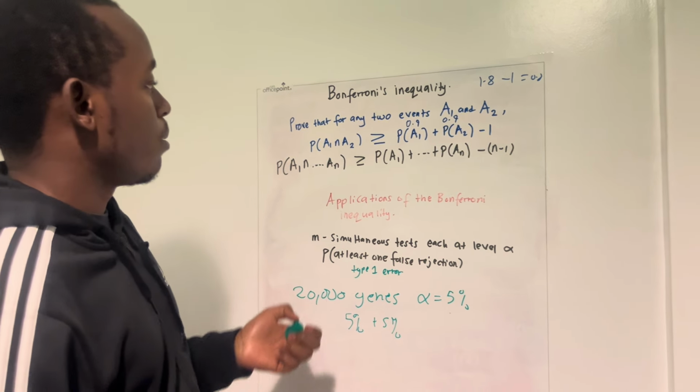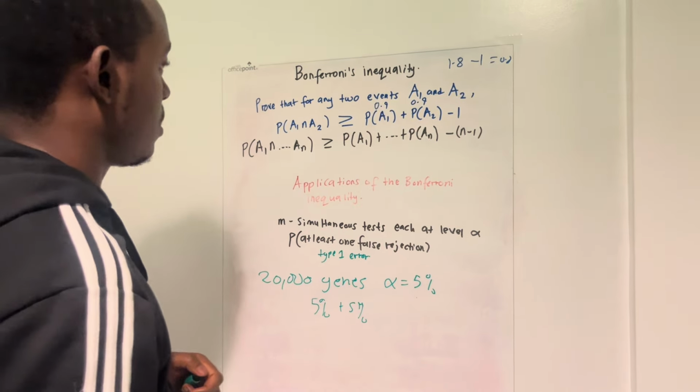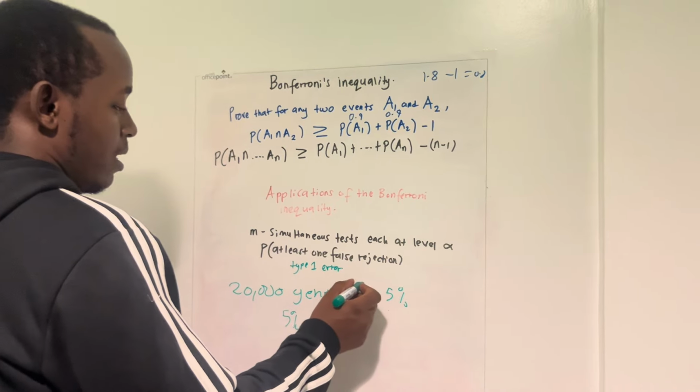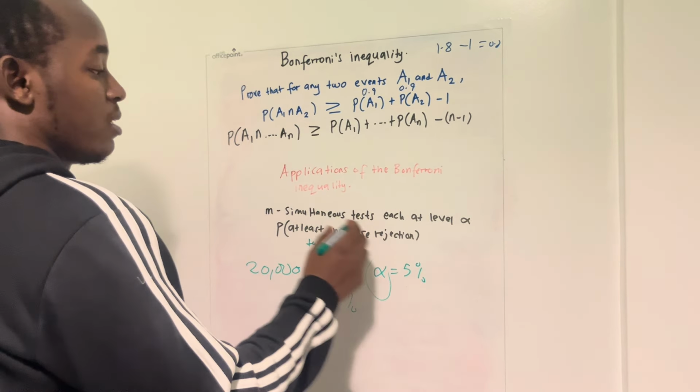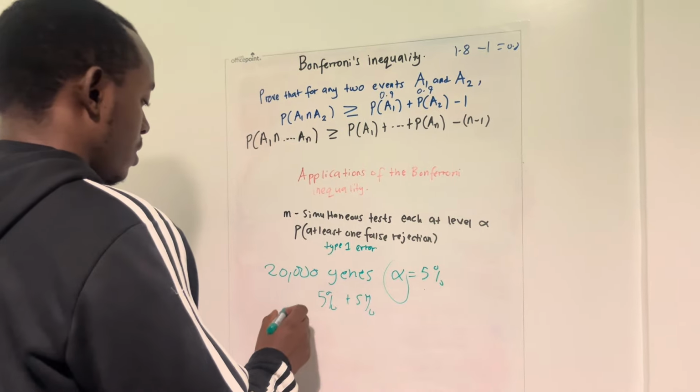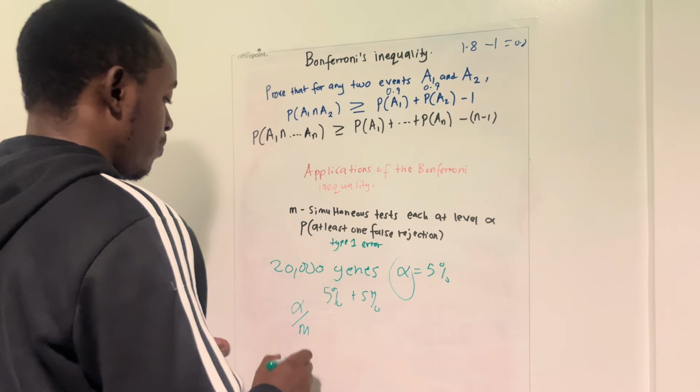So what the Bonferroni correction does is, instead of running each test at level alpha, if you're running m tests simultaneously, you divide this level by m.